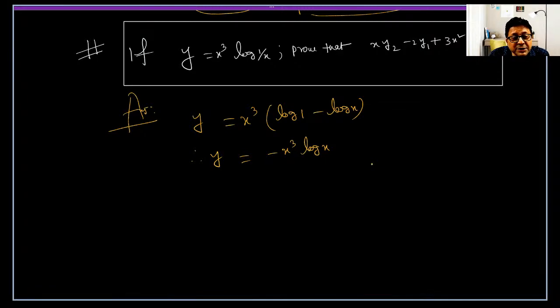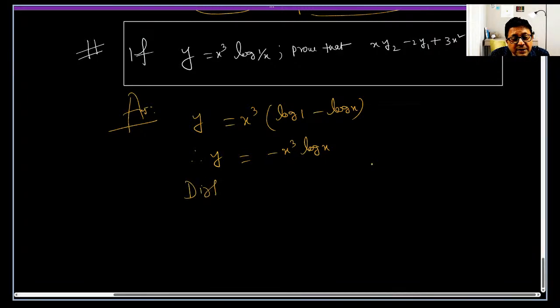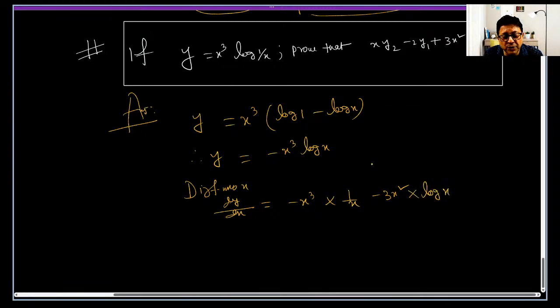Now differentiate with respect to x. What do you get? Minus x cube into the derivative of log x, which is 1 by x, minus 3x square into log x. Clear? But we have to remove log x from there.